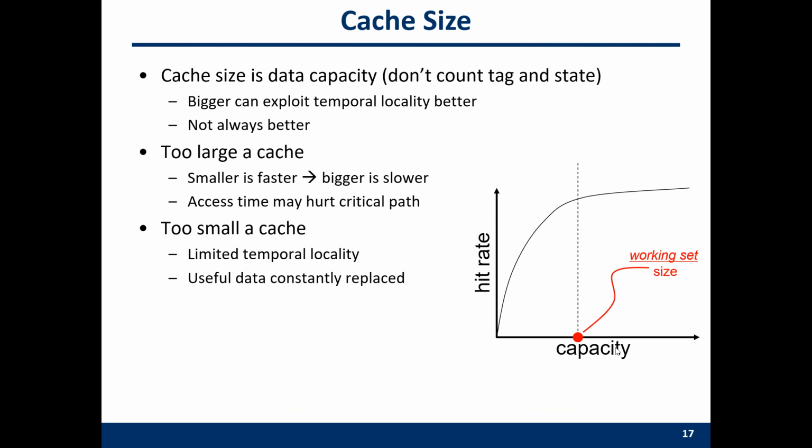But again, each cell costs 6 transistors. So the overhead of increasing capacity is actually very large. Particularly when you consider you have some sweet point here, it's not a good idea to increase the capacity beyond this point.